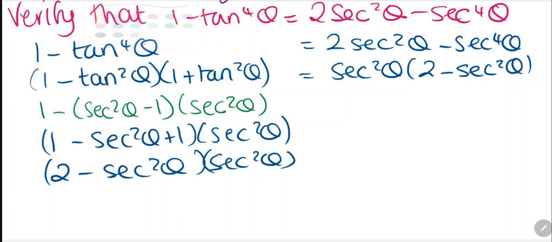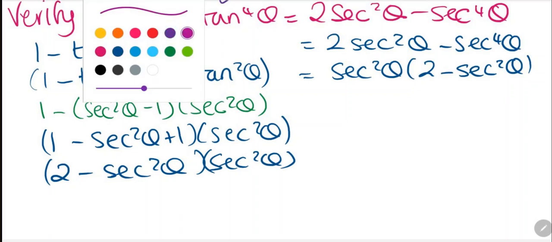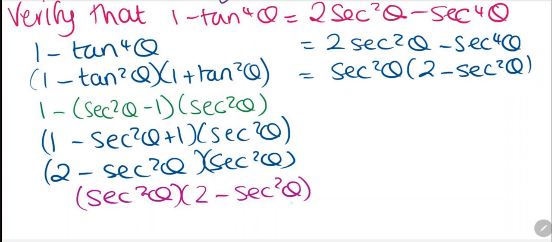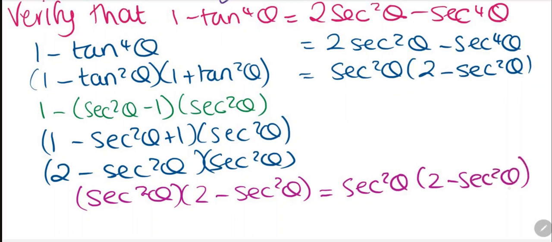So we just need to change the order. So if I rewrite this the other way around, we have sec squared theta multiplied by 2 minus sec squared theta. And on the right side, sec squared theta, 2 minus sec squared theta. So the left-hand side is equal to the right-hand side.